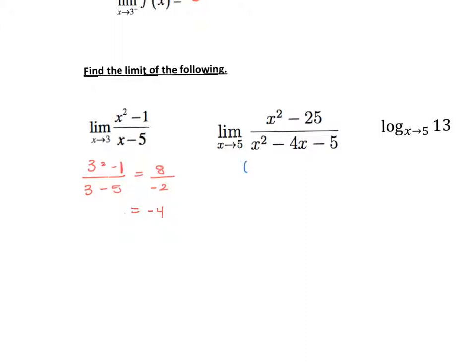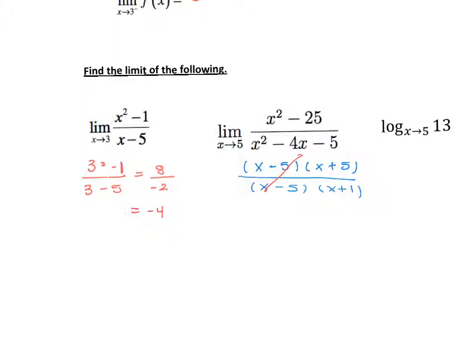So we can factor this one pretty easily here. You cancel out what you need to cancel out. X minus 5, that means there's a hole at x equals 5. Okay, that means there's a hole, but it's removable.